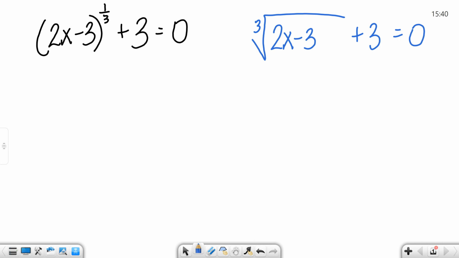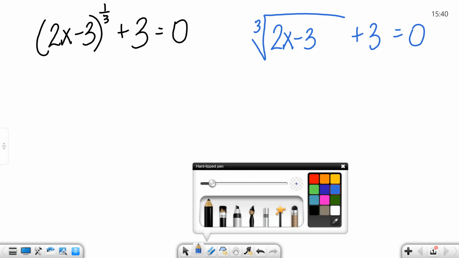So I could rewrite my problem to look like what I have done over here in blue. And now you can solve this problem either using what I have written in black or using what I have written in blue. I'll do both, just so you can see the difference in the work for each one.